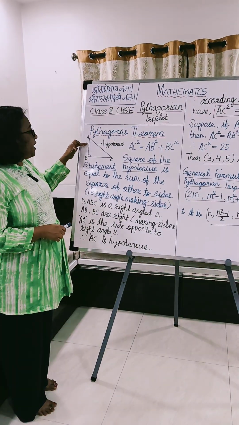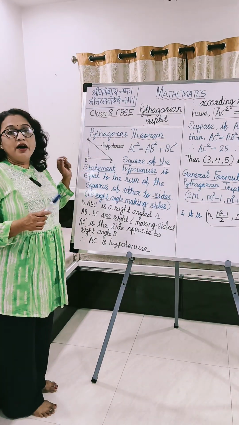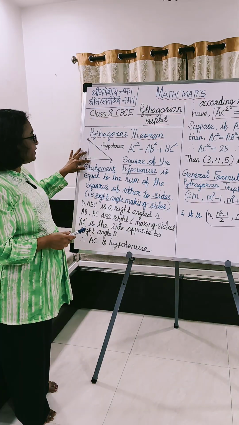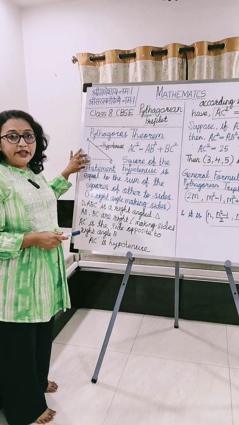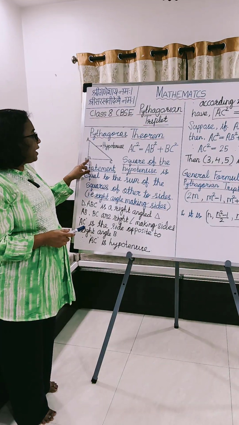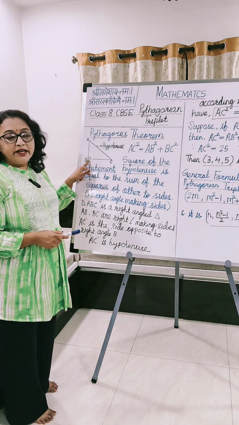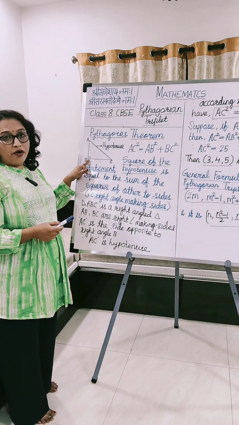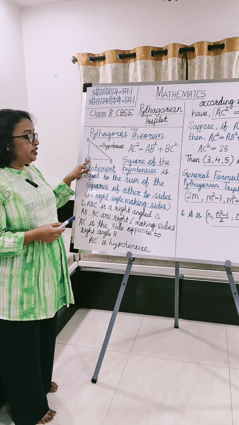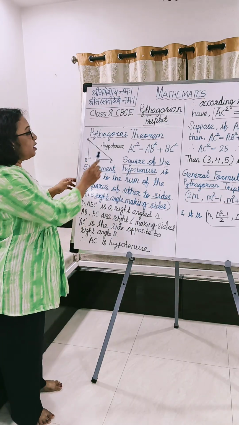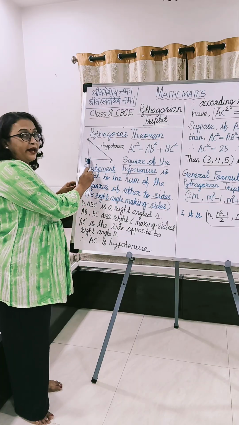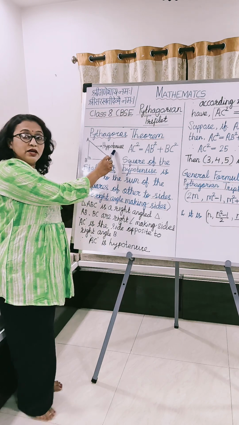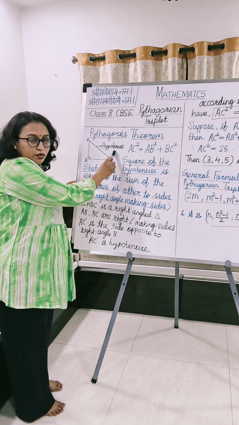AB and BC are right angle making sides, that is they meet each other orthogonally at point B, that is they make a 90 degrees angle at the point of contact, angle B. Now the side opposite to right angle B, here in this case AC, is the hypotenuse. We all know that.